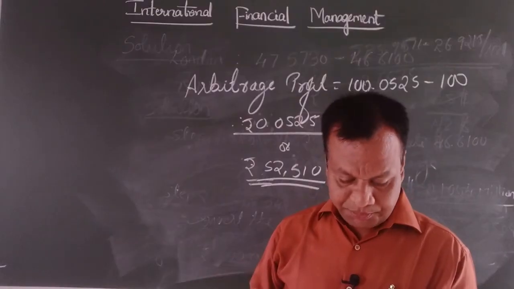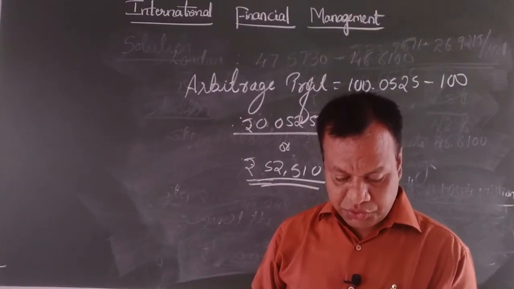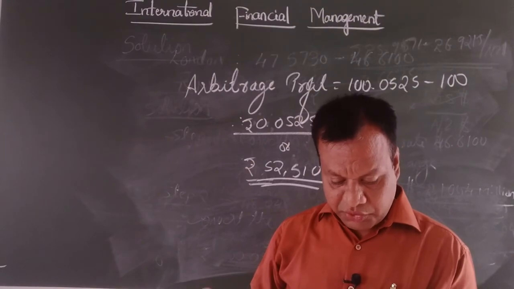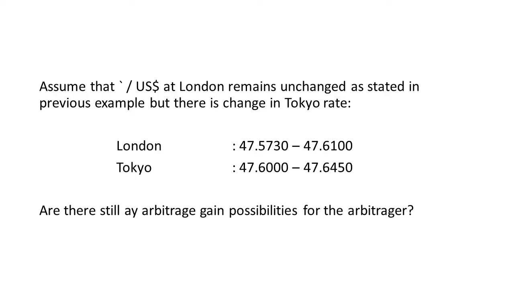The London rate remains the same at 47.5730 and 47.6100, whereas in Tokyo it has changed to 47.6000 and 47.6450.